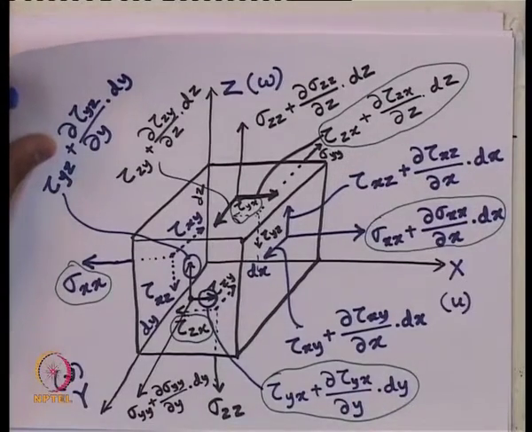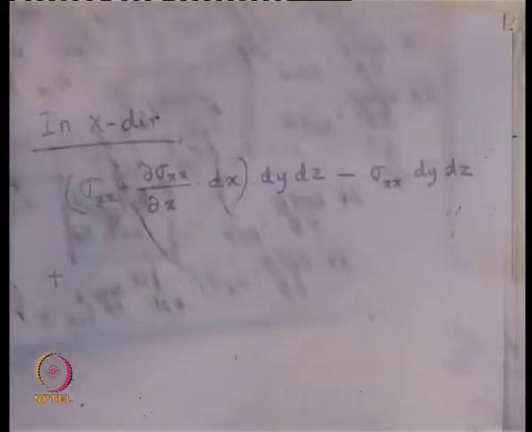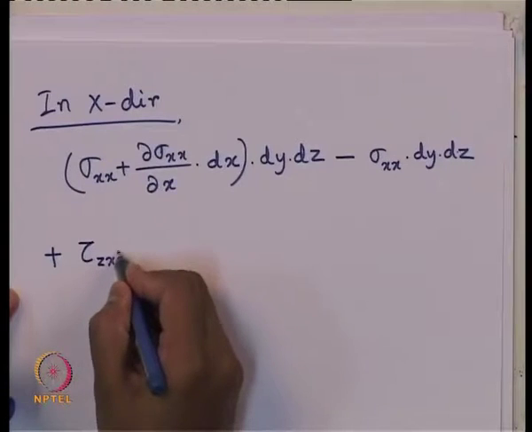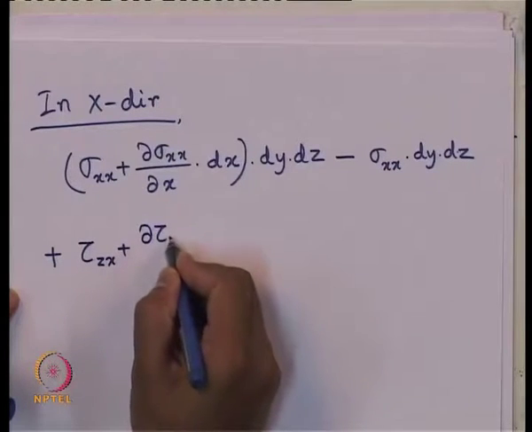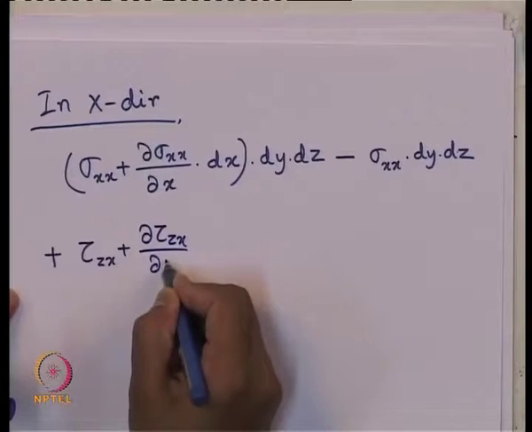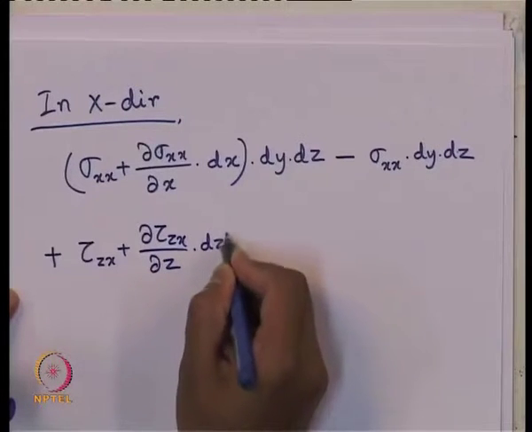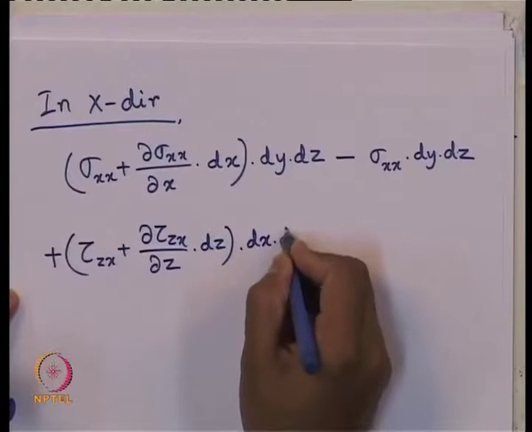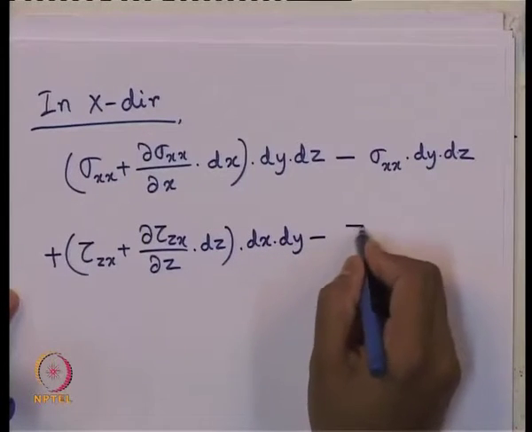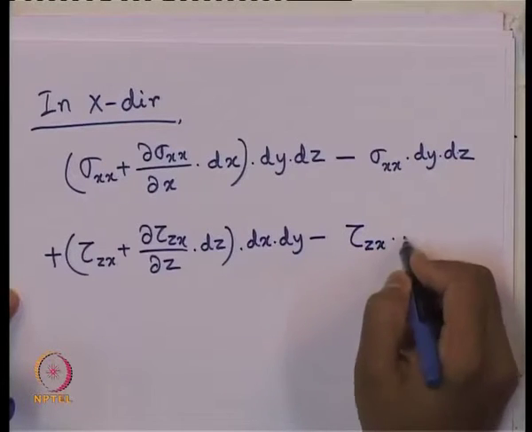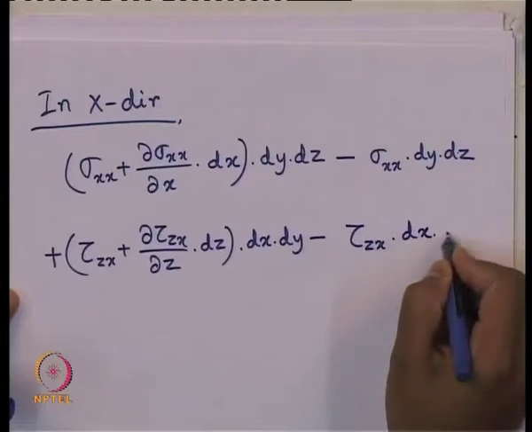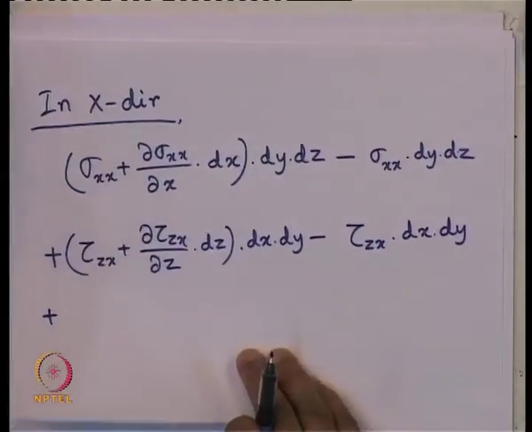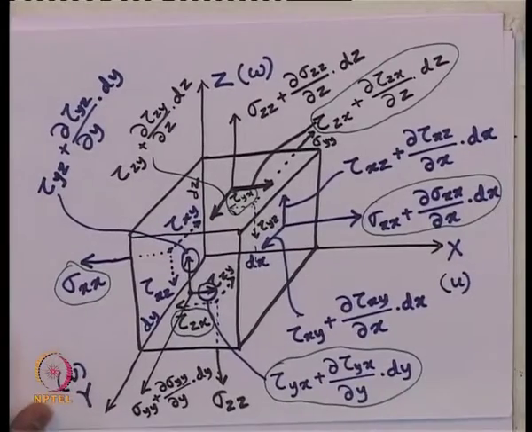So, the force due to this shear stress will be tau zx plus del tau zx by del z into dz, times area dx dy, minus tau zx into dx dy.